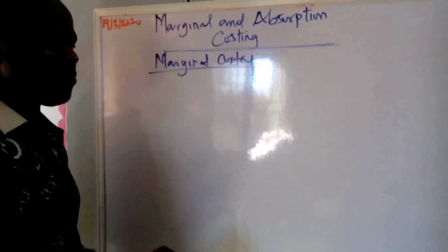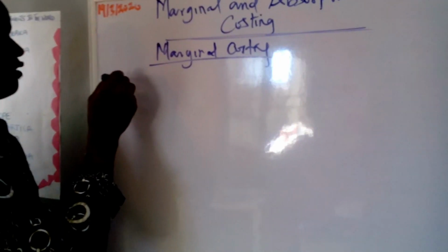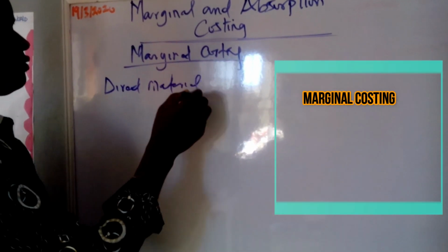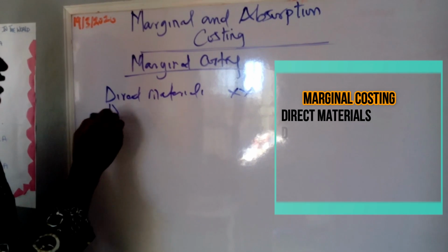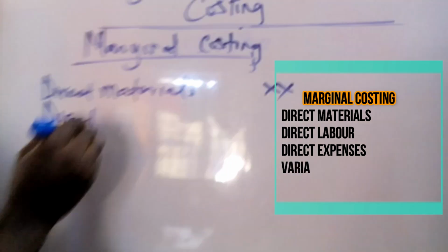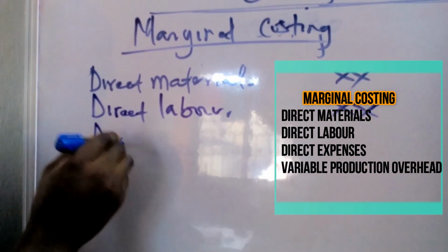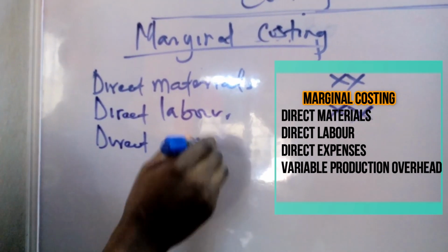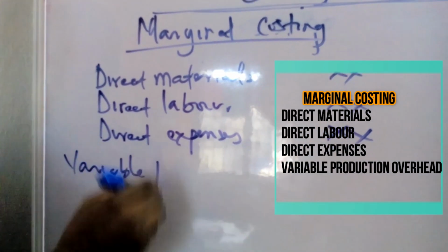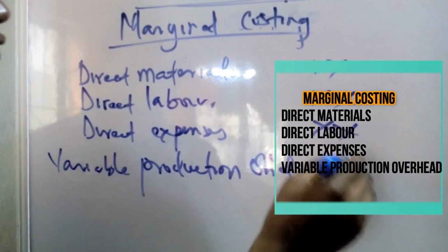Now, let's see what is the makeup of the cost unit under marginal costing. We have direct materials, direct labor, direct expenses and variable production overhead.